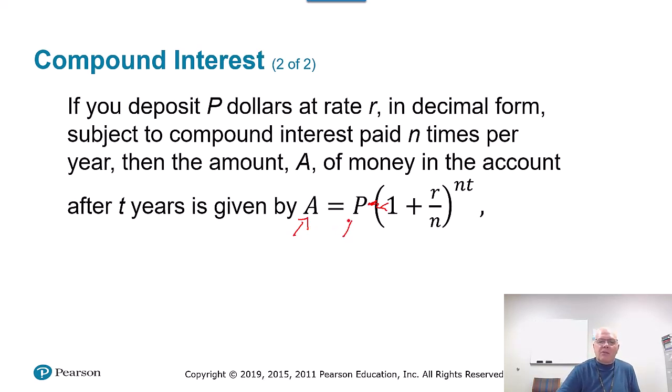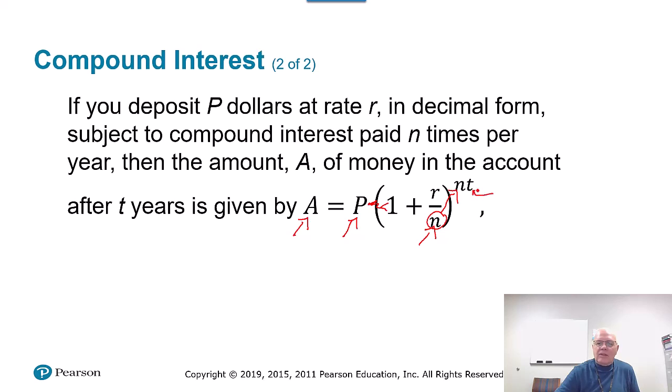P is the principal, also called the present value. That's how much is being invested. 1 is 1, R is the annual rate, N is the number of times per year that the compounding actually occurs. Take special note that this N also shows up in the exponent.